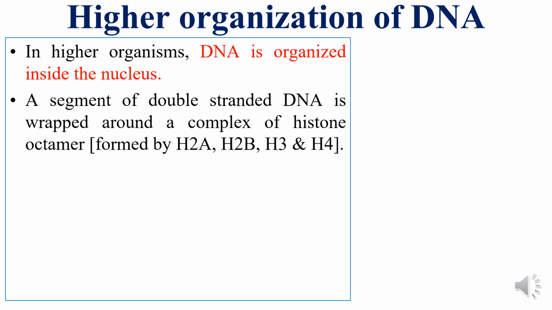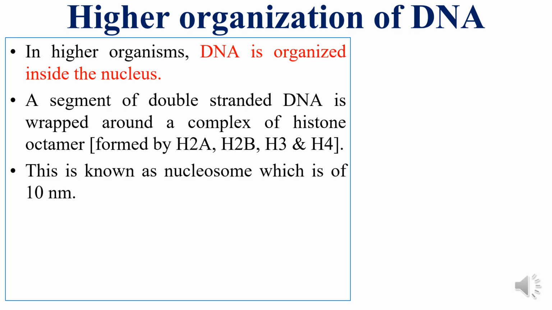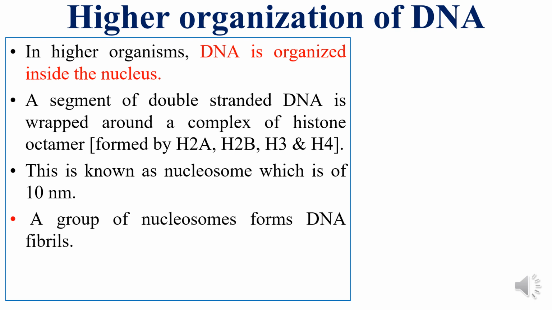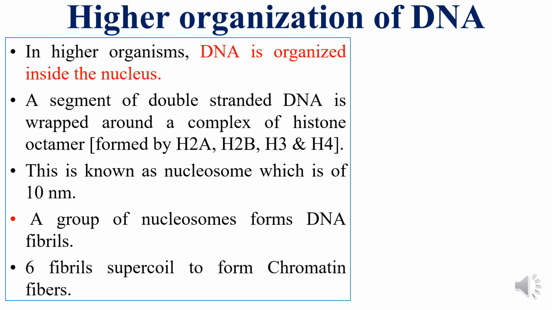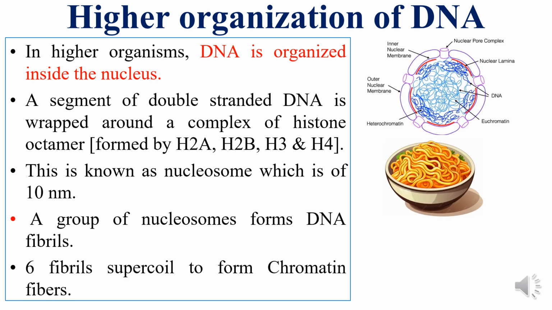A segment of double-stranded DNA is wrapped around a complex of histone octamer, which is formed by H2A, H2B, H3, and H4. Two of each of these histones will form an octamer, and this is known as nucleosome, which is of 10 nanometer. A group of nucleosome forms DNA fibrils, and the six fibrils supercoil to form chromatin fiber.